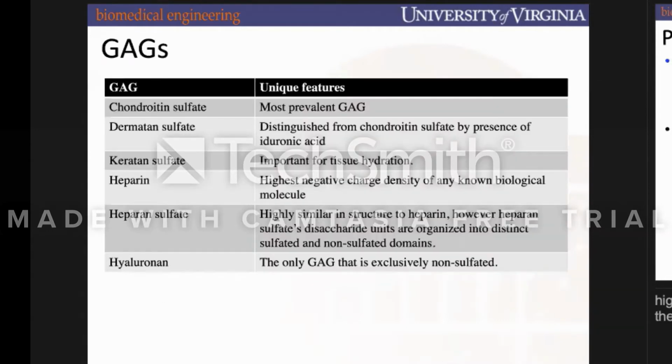Here is a list of some of the glycosaminoglycans that are present within the ECM. Chondroitin sulfate is the most prevalent. Heparin is a really important one because, with its really robust negative charge, it serves as a depot or a reservoir for growth factors.